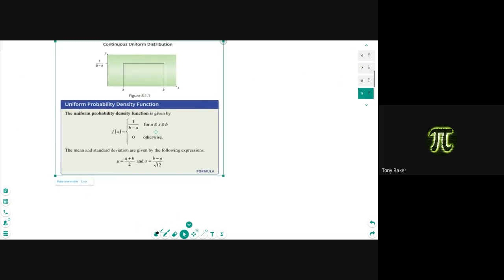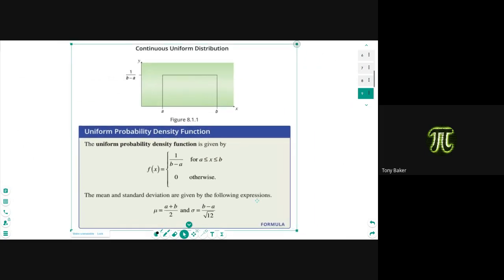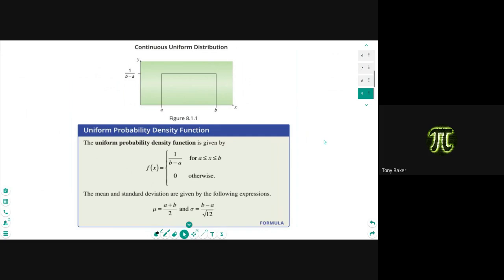The next distribution we're going to look at, we kind of looked at this before. We looked at a discrete uniform distribution. This one is a continuous uniform distribution. So what is the difference between discrete and continuous?